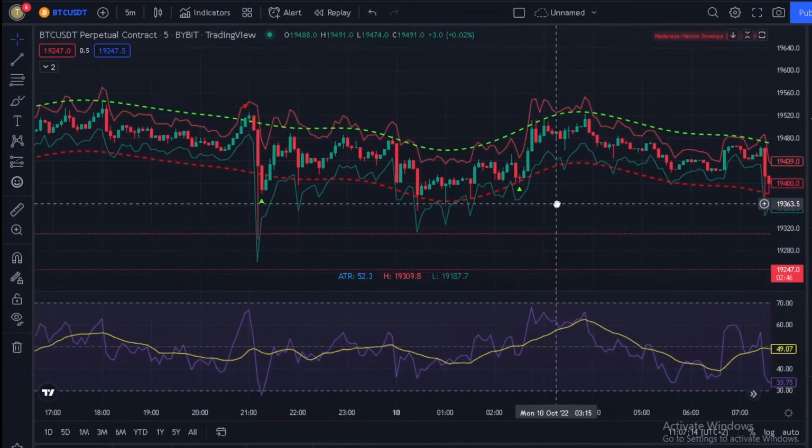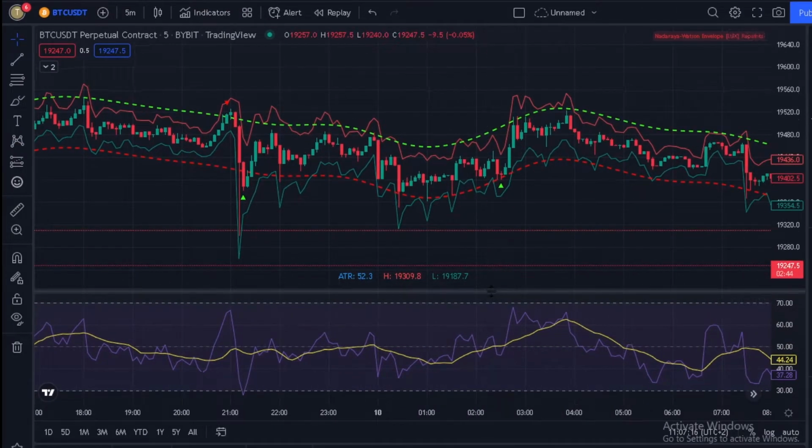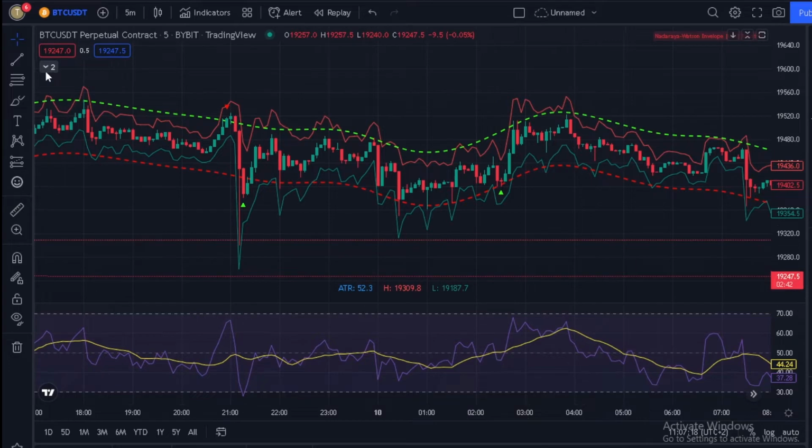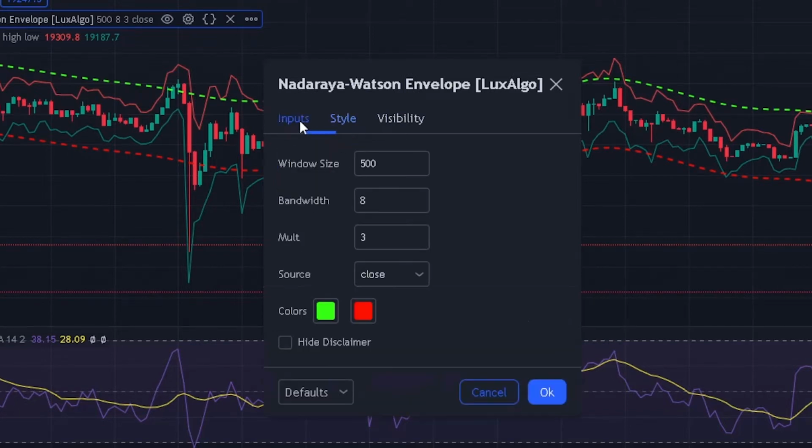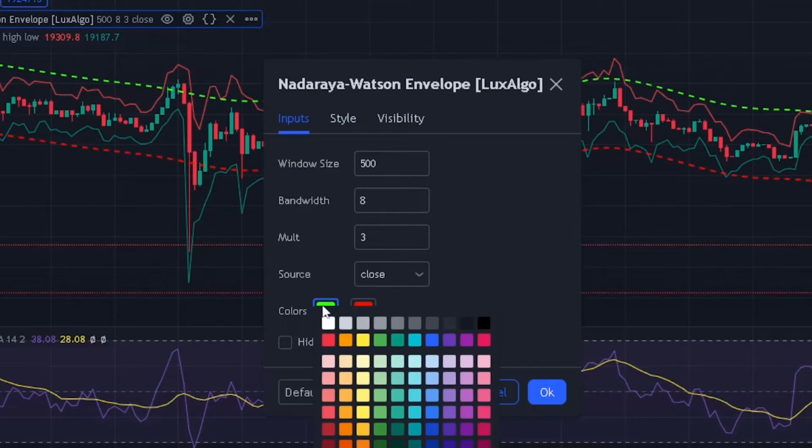Alright, before we move into our strategy, we just need to do some adjustments in our indicators. First, go to the Nadaraya-Watson Envelope settings, and in the style section, we want to untick the label and tabs, and we also want to change both of the colors to yellow in the input section to avoid confusion later on.